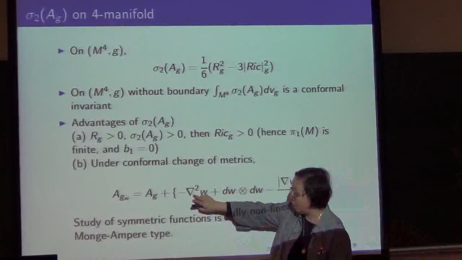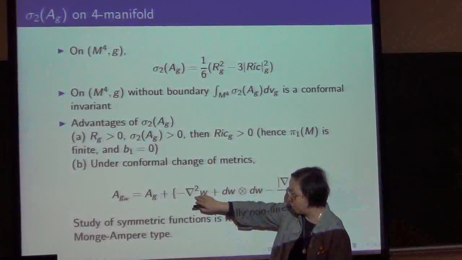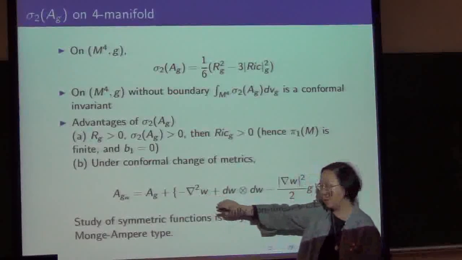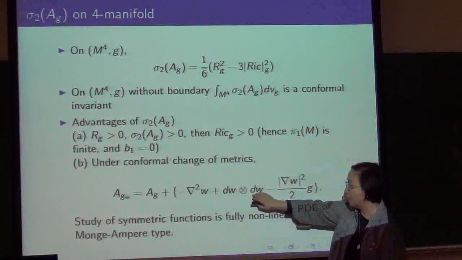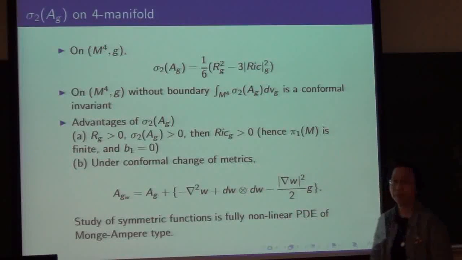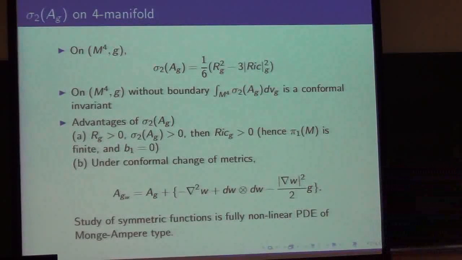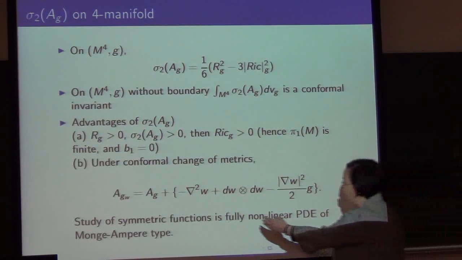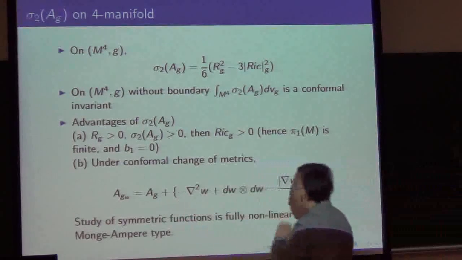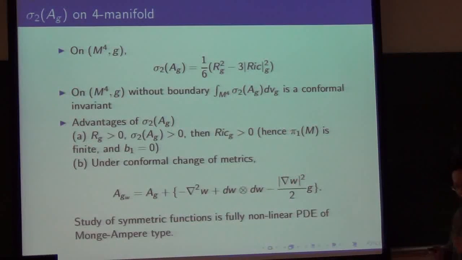But here we study not the trace, we study the full Hessian, plus some first order terms, dw with dw. Under conformal change, the Schouten tensor changes by the Hessian of w plus some lower order perturbation term.